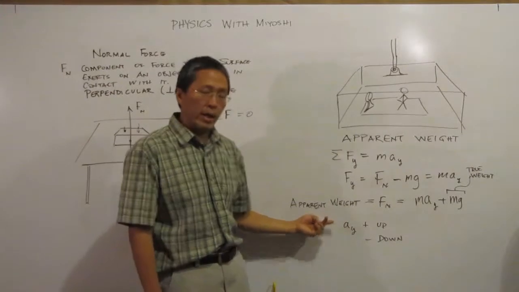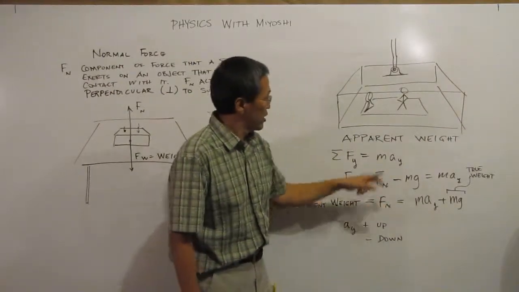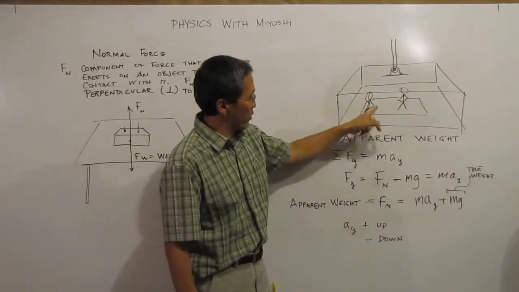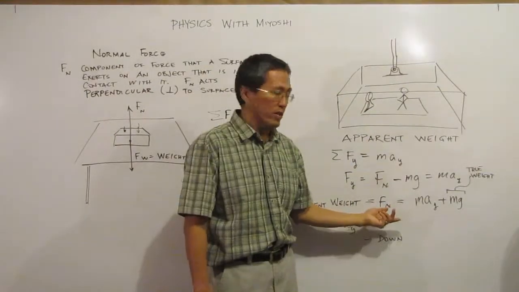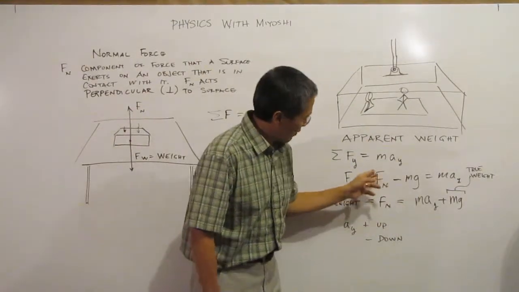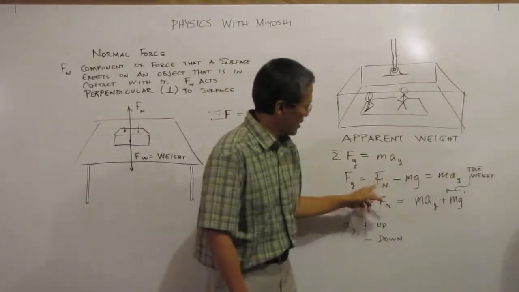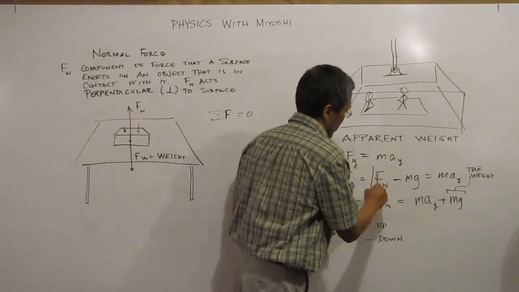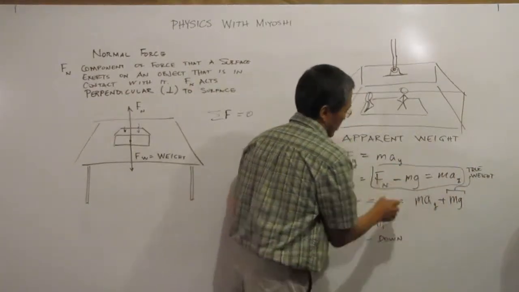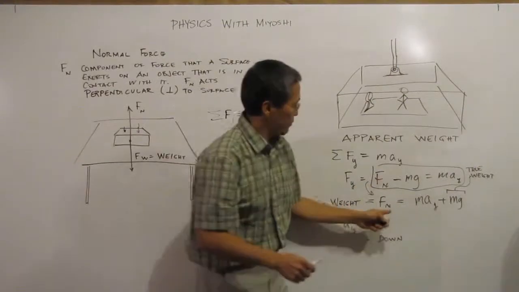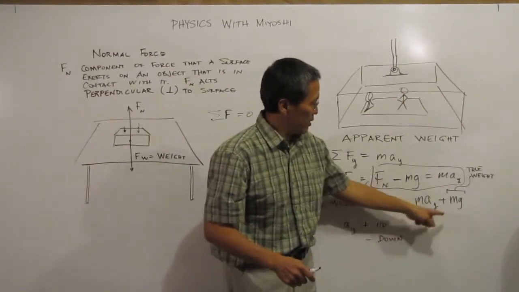So the apparent weight is actually going to be your normal force. Whatever the weight on the scale is, that's your normal force. What I did is I just rearranged this equation, so that the normal force equals ma plus mg.